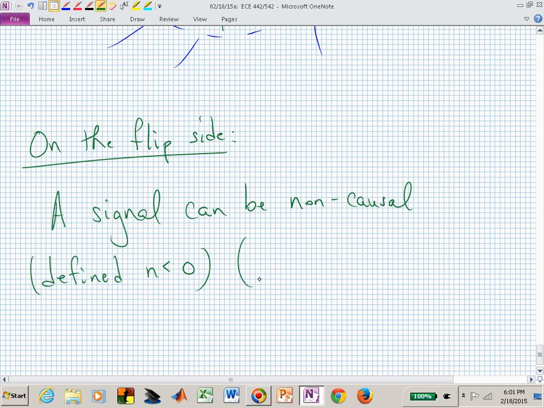Where's the region of convergence? Do you see where the region of convergence is for a non-causal signal? Is it exterior or interior to the poles if it's non-causal? Now it's interior, isn't it?